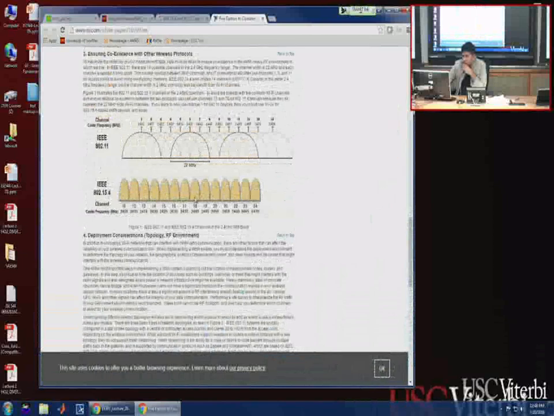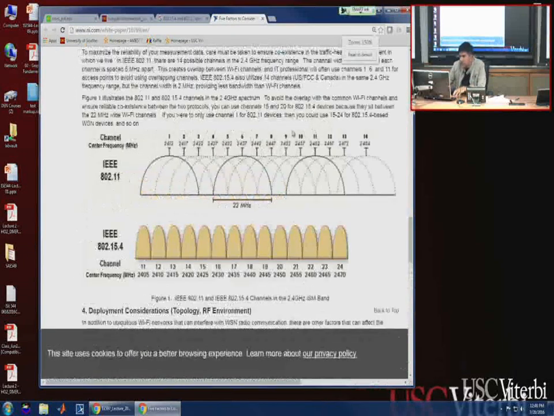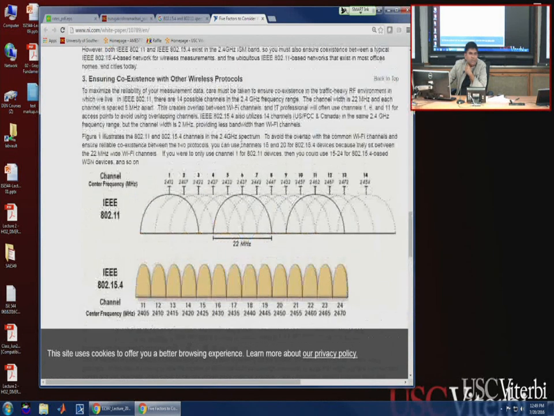Channel 18, which we were showing on the test bed over here, is overlapping with channel 6 of your 802.11 access points. And that's a very commonly used channel in a lot of access points.